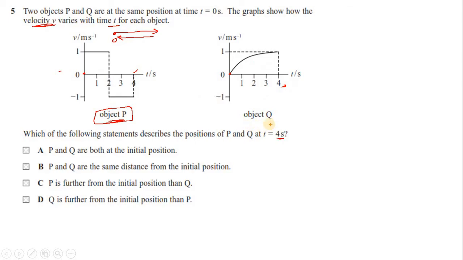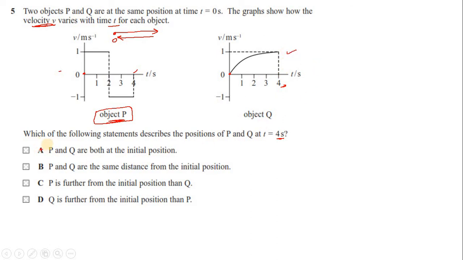Second graph, object Q was first accelerating, but for some reason its rate of increase in speed is decreasing. That means the rate at which the velocity is increasing starts decreasing, and it maybe reaches a constant speed. So it is continuously moving in one direction.